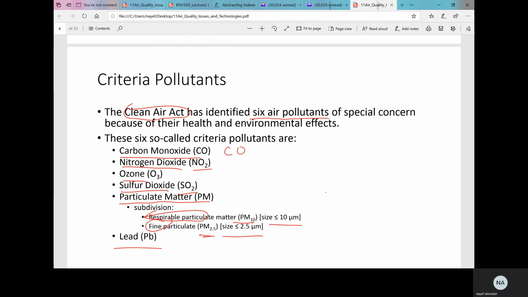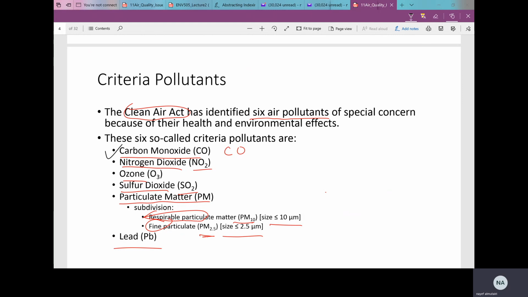Criteria pollutants: carbon monoxide, nitrogen dioxide, ozone, sulfur dioxide, particulate matter, lead.